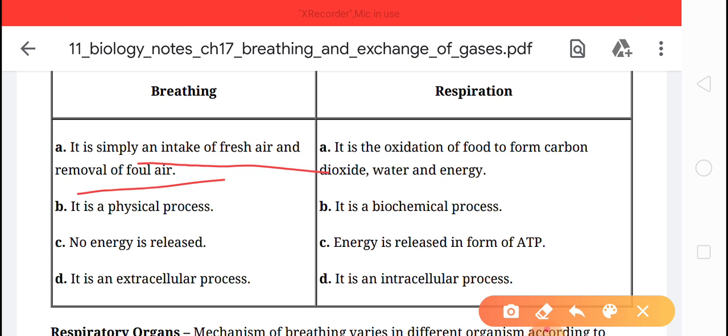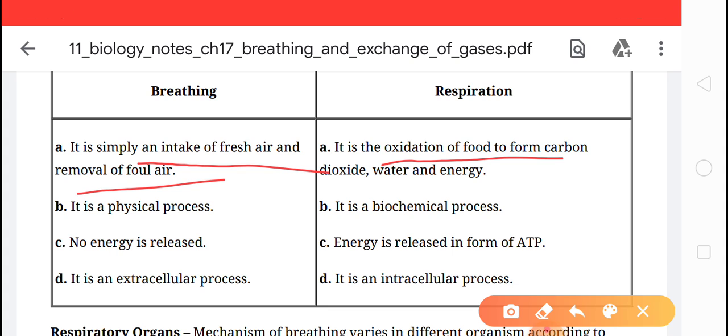While in respiration, oxidation of food takes place. The food we have ingested will be broken down to form energy, and with the help of oxygen this food is broken down.